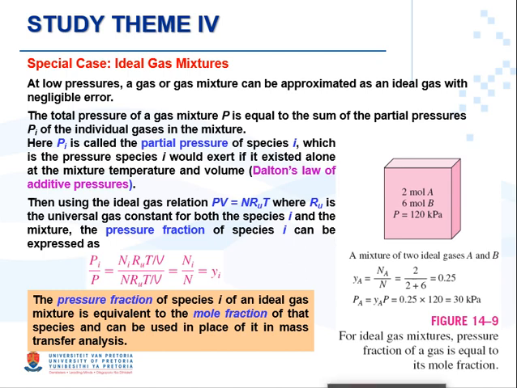So for example, if we have a mixture of dry air and vapor, and that mixture is at atmospheric condition, we can treat that mixture as an ideal gas.